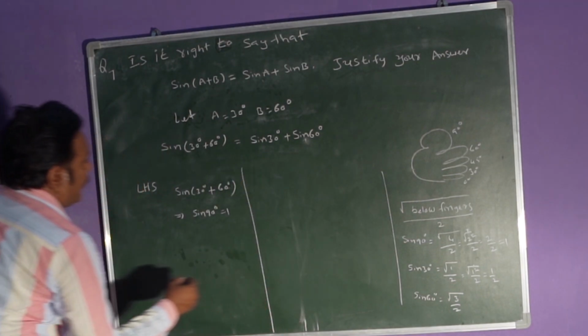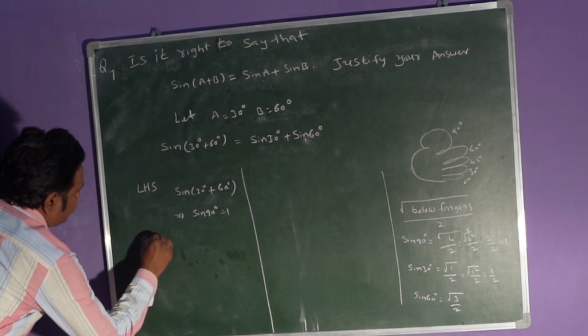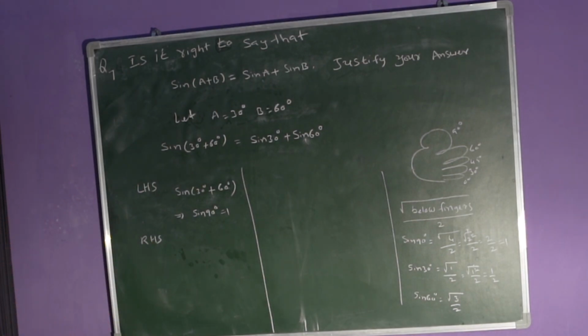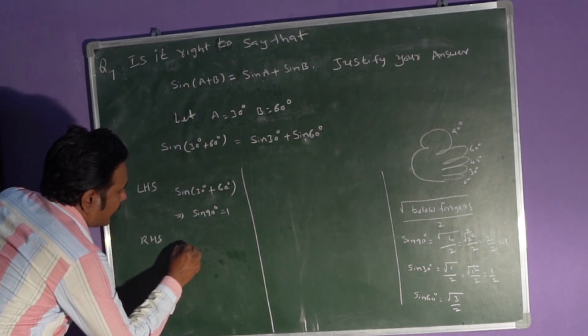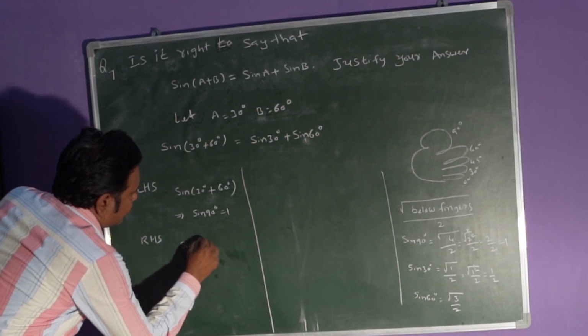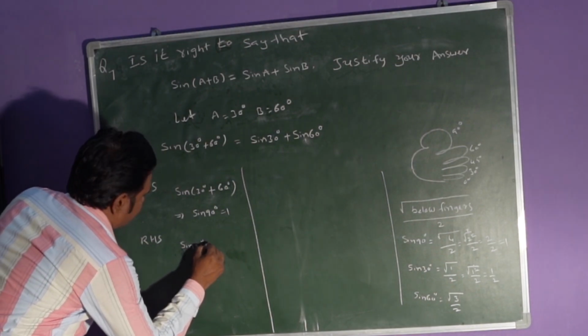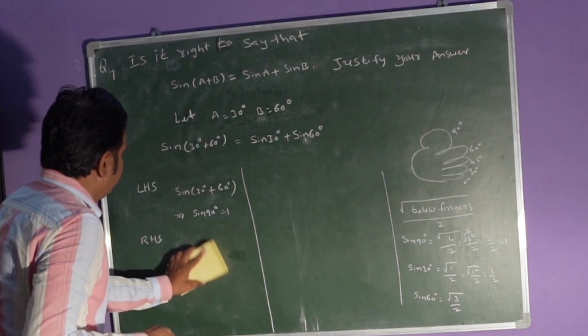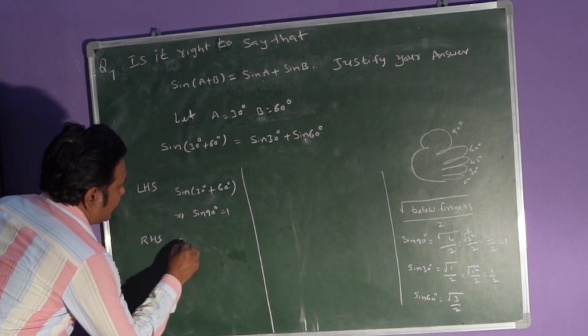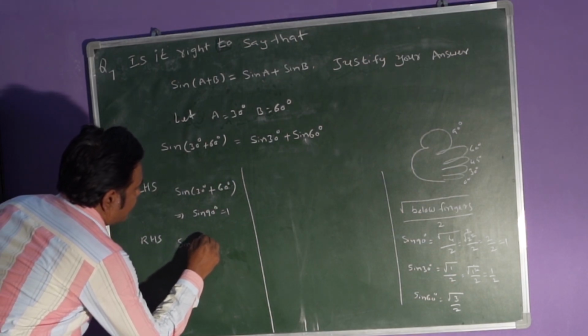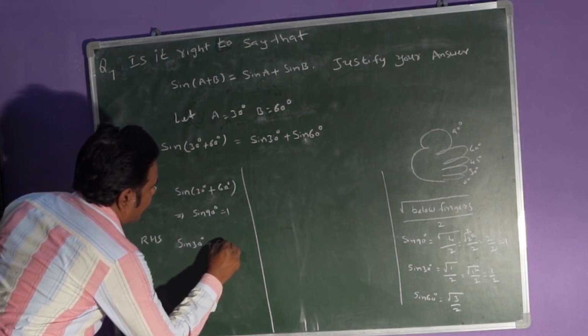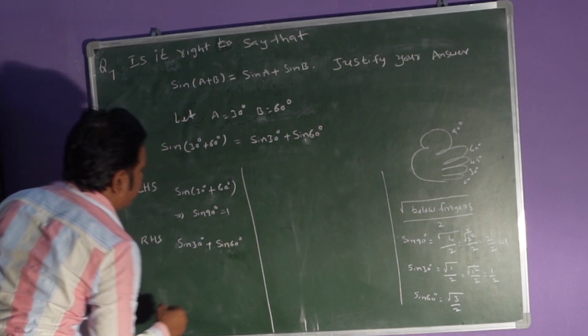Then next I will take the RHS. RHS is equal to sin 30 degrees plus sin 60 degrees.